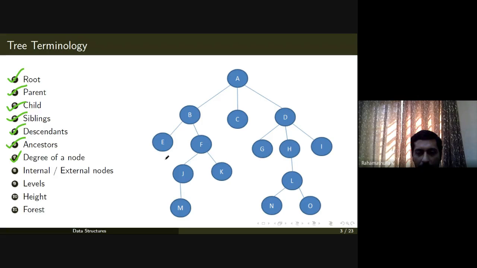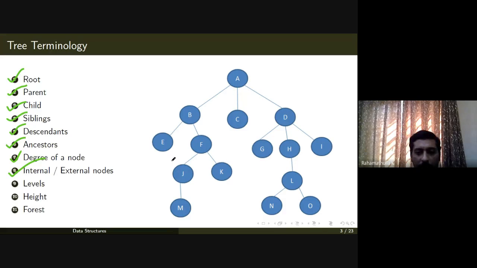So they don't have any children. That sort of a node is called an external node. All other nodes which are having a degree greater than 0 are known as internal nodes. So B, F, J, G, L, H, D, A are internal nodes.